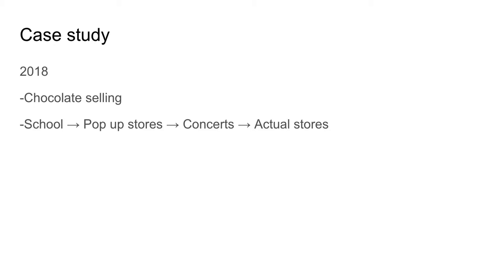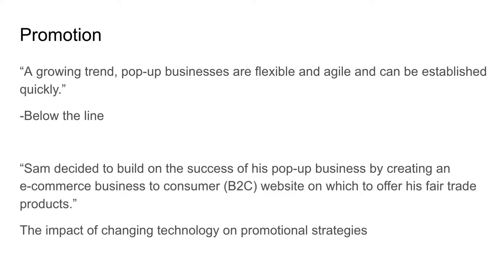Initially selling within the school as a pop-up store, turning it into a real pop-up store, selling within concerts, then promoting through actual physical stores as well, which is a great example for promotion, because you can see how promotion is being used here. A below the line promotion is used in this quote: a growing trend, pop-up businesses are flexible and agile and can be established quickly. This is a great example of below the line promotion.